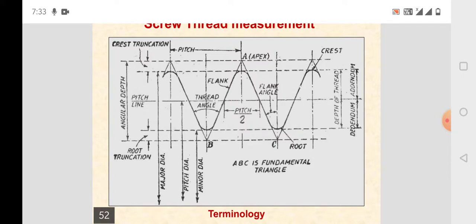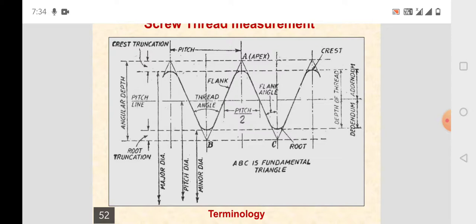Effective diameter means where the mating parts touch: if this screw is getting assembled with a certain nut, the internal thread of the nut will be touching the external thread of the screw or bolt. So that point from where it is coming in contact is known as effective diameter or pitch diameter.